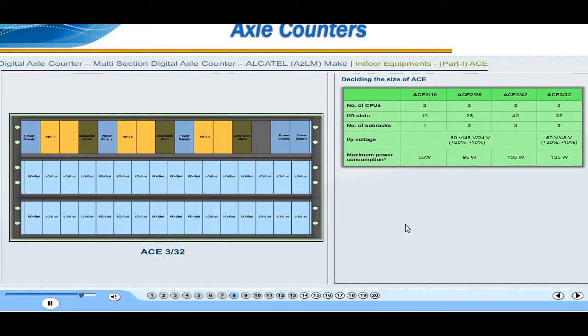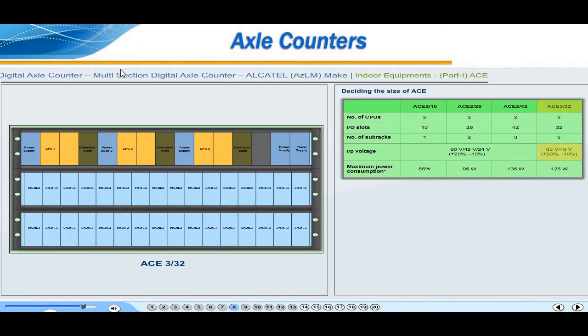Supply voltages used for ACE2/10, ACE2/26 and ACE2/42 are 60 volt, 48 volt or 24 volt DC, whereas supply voltages used for ACE3/32 are 60 volt or 48 volt DC. The range of these voltages is plus 20% and minus 10% of the rated supply.